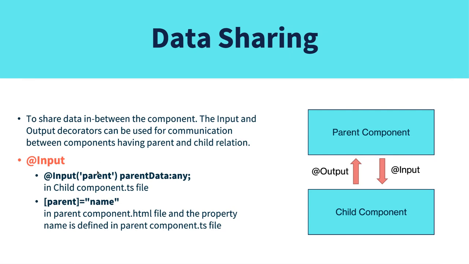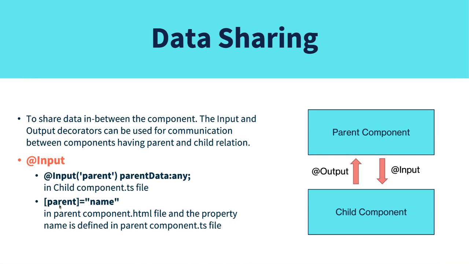So the first thing we did was we used an @Input, then within the parentheses and as a string, we gave the name of the variable which we used inside our parent HTML while connecting it as a property binding. Then we can give the local variable which will save the data and which we can use in interpolation to display the data.